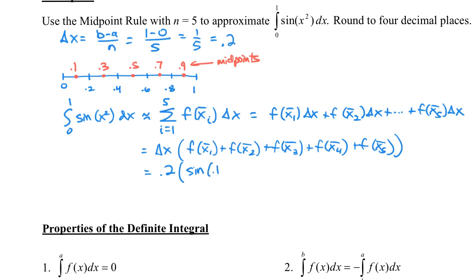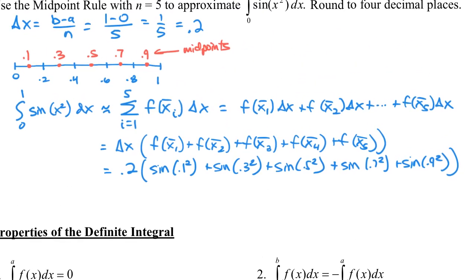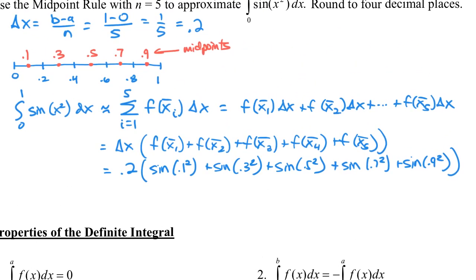Sine of 0.1 squared plus sine of 0.3 squared plus sine of 0.5 squared plus sine of 0.7 squared plus sine of 0.9 squared. So one thing to be careful about, let me make a little room here and mention something and put it in red so we are careful.